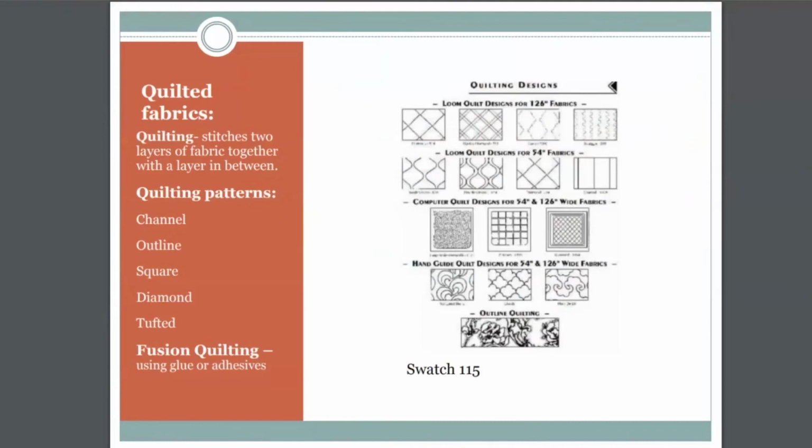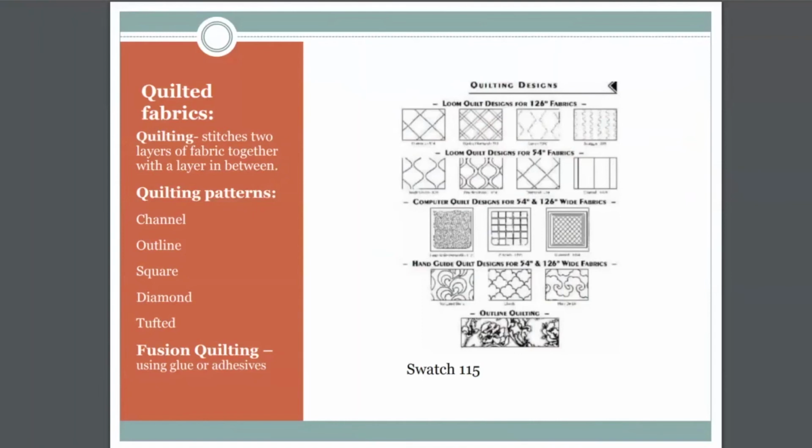So if you look at sample 115, there is a fabric on the bottom, a knit. Then in between it, there is a non-woven batting. And then on top, probably just a filament satin or something like that. And then it's quilted. All those 3 layers are quilted together, through all 3 layers to create that effect.